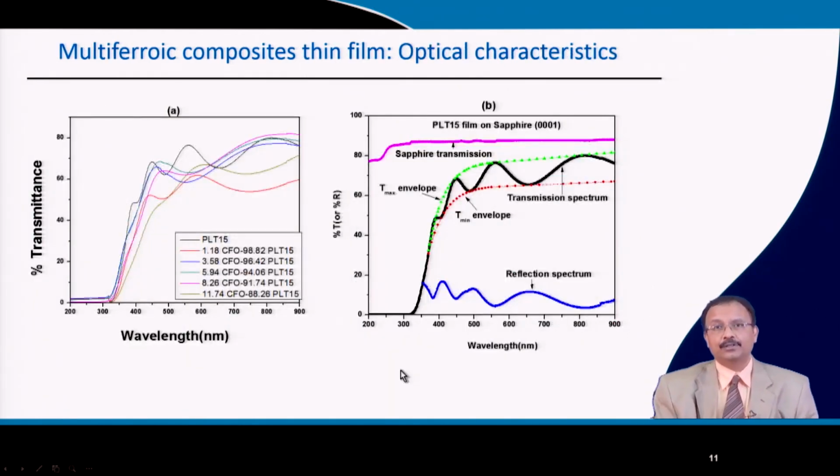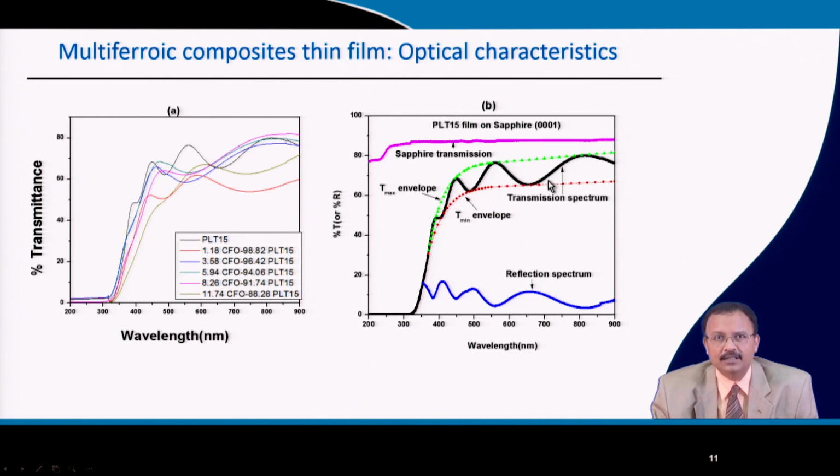Then we talked about the optical evaluation of the constants, and already in one of my lectures I told you that once you have a relatively thicker film, it will have this interference pattern, and this is the transmittance pattern from the film.